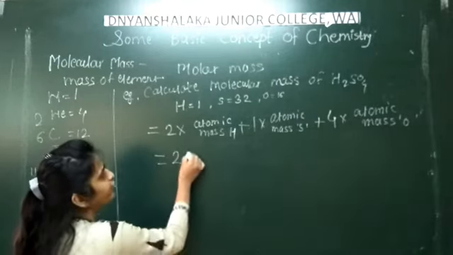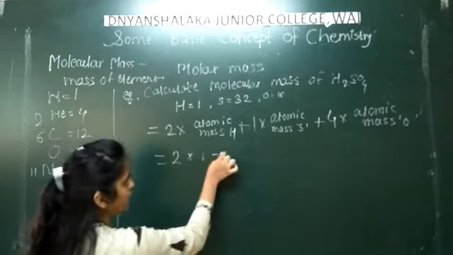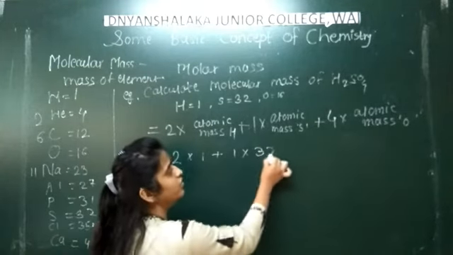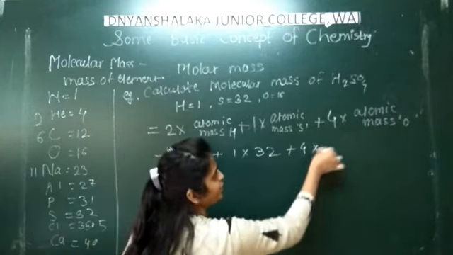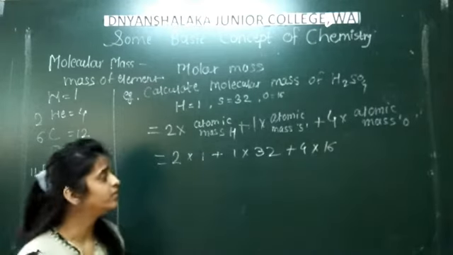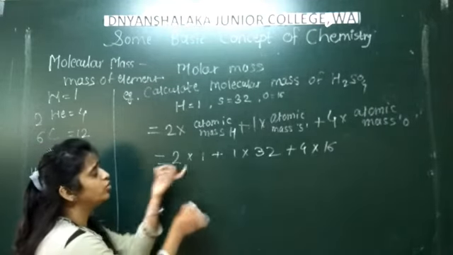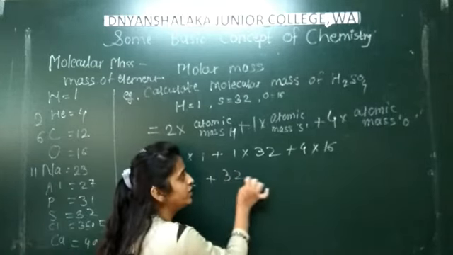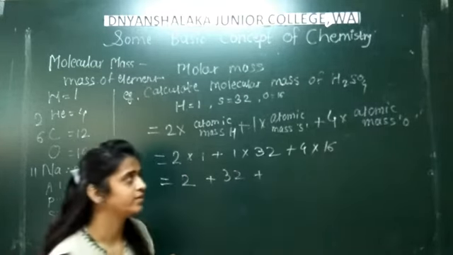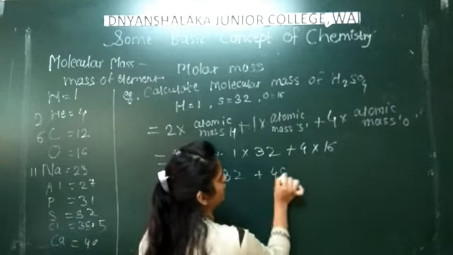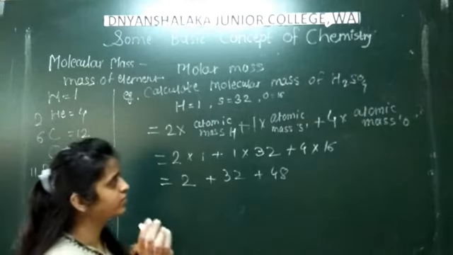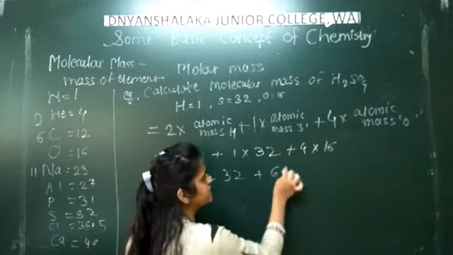So 2 into 1 is 2, plus 1 into 32 is 32, plus 4 into 16 is 64.